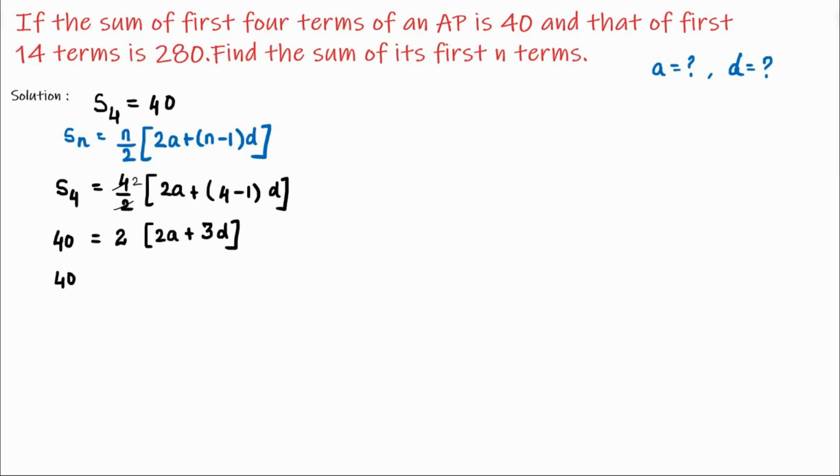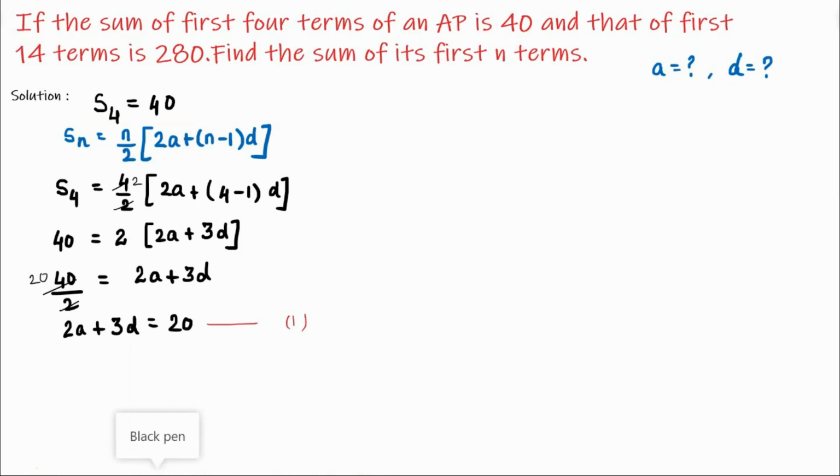So 40 by 2 equals 2a plus 3d. We get 20 as 40 by 2. So we get 2a plus 3d equals 20. This becomes the first equation for us.